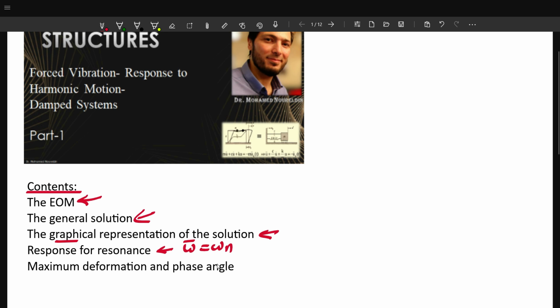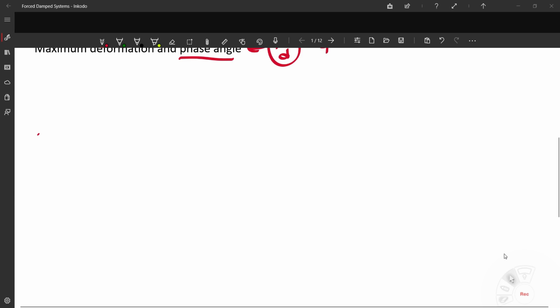And the last thing is going to be maximum deformation and phase angle. We're going to talk about the maximum deformation related to the response modification factor and the phase angle. Okay, so now let's start with the equation of motion.